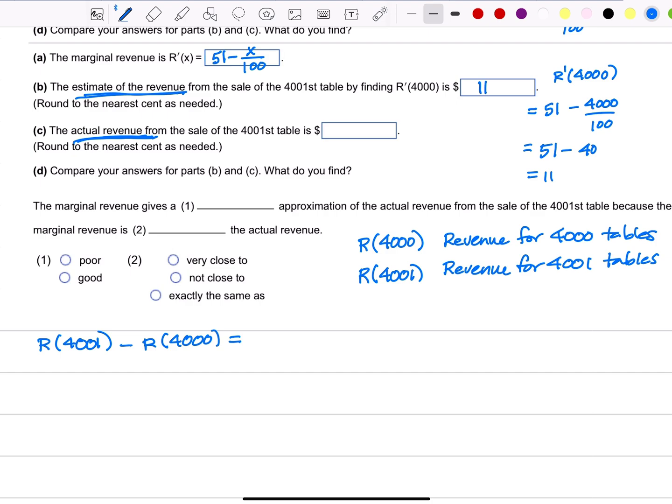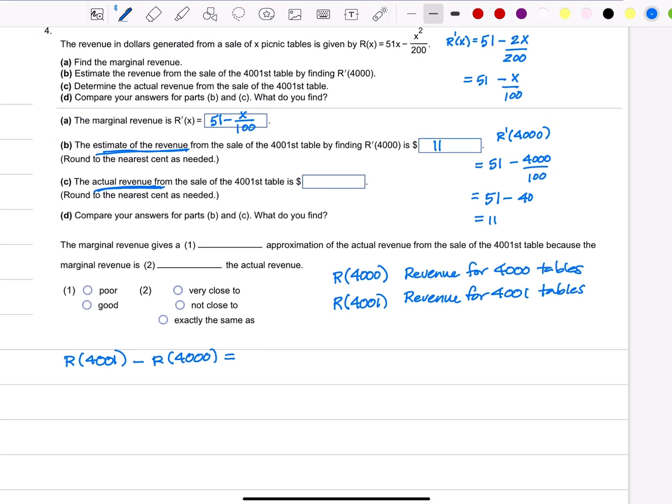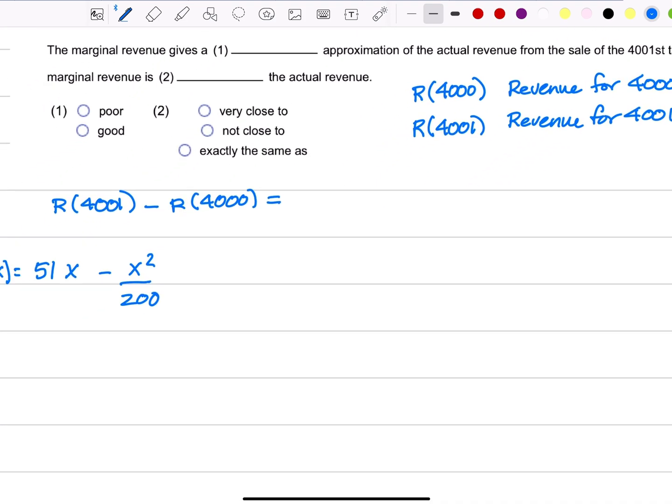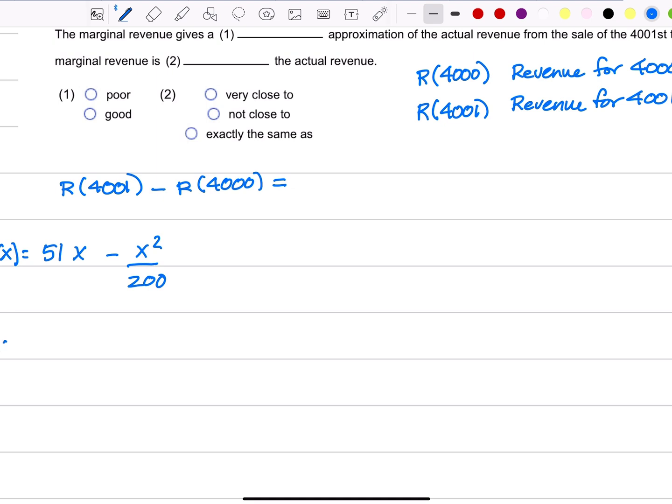So this has to go into the revenue formula. So we have to go back up to 51x minus x squared over 200. Okay, that's our revenue formula. So we have to do 51 times 4,001 minus 4,001 squared divided by 200.